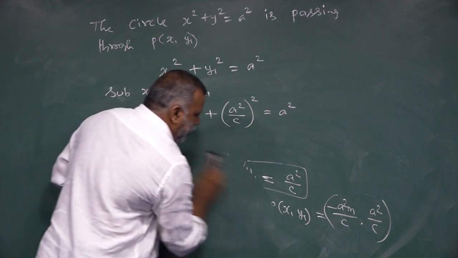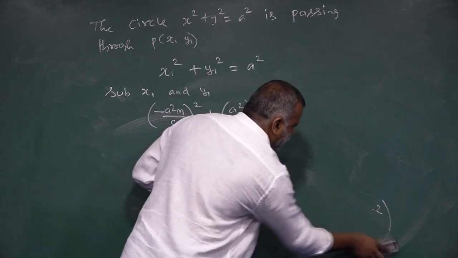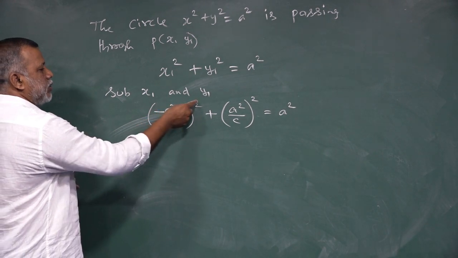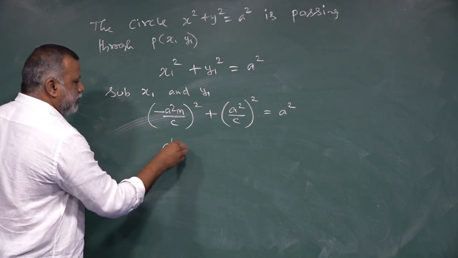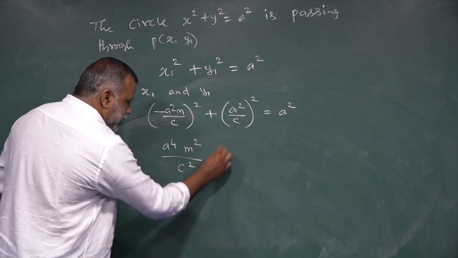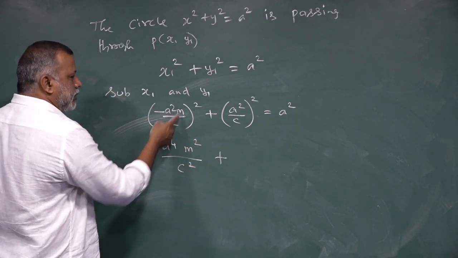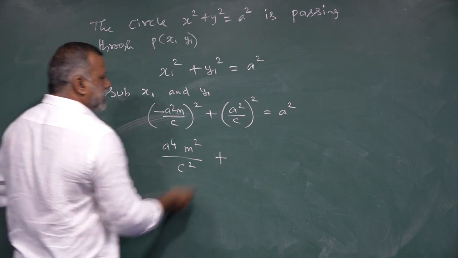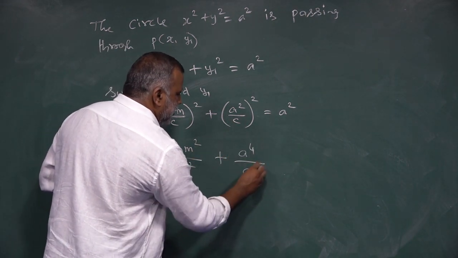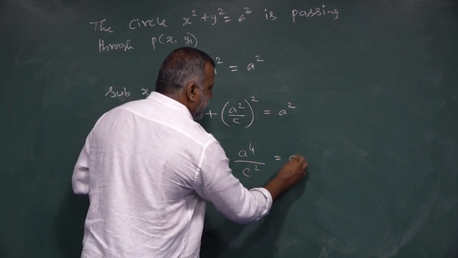Now we are going to simplify this one. A squared the whole squared is nothing but a power 4, plus m squared by c squared, again plus a power 4 m squared by c squared. Here is also a power 4 by c squared equal to a squared.